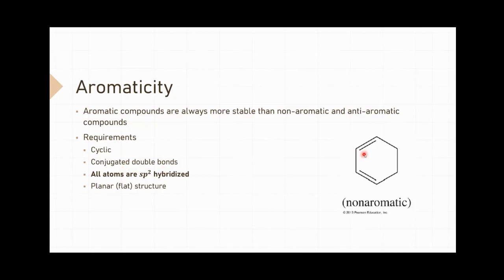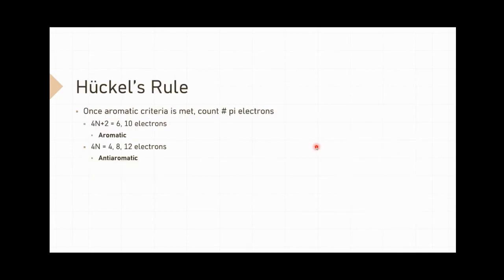I highlighted this because some people might look at this and say, oh, it's 4 electrons, it's probably anti-aromatic, but it's actually non-aromatic because you have 2 sp3 carbons right here.